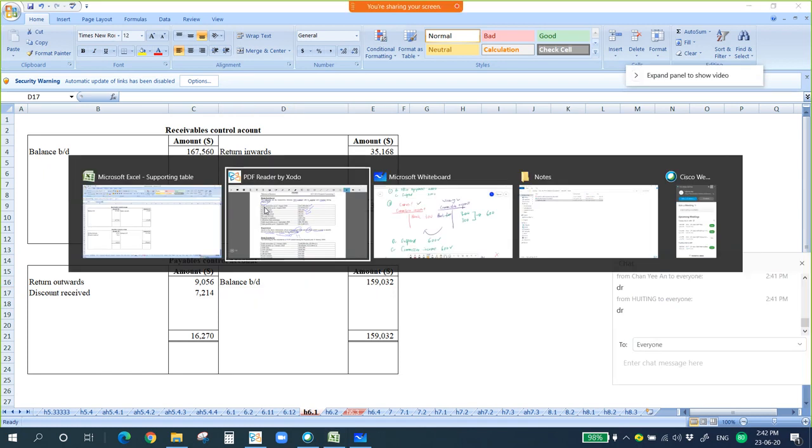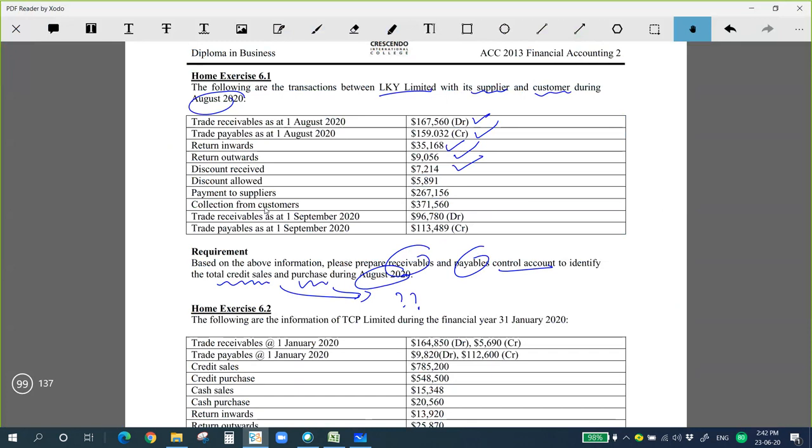So let's move on. The next one is discount allowed 5891. So this is related to what? Discount allowed. Customer or supplier, and debit or credit?